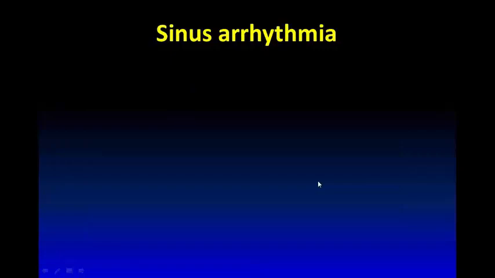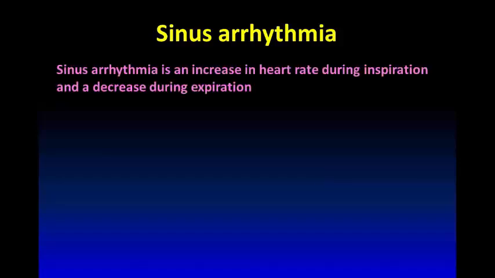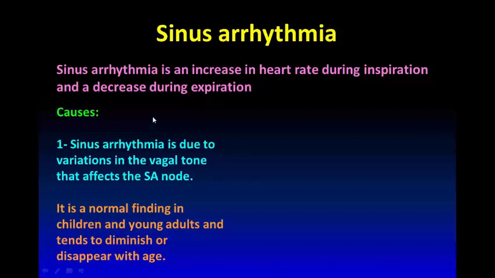Now let's describe the third arrhythmia, which results from altered activity of the pacemaker, and this is the sinus arrhythmia, which is also known as the respiratory sinus arrhythmia. Respiratory sinus arrhythmia is defined as an increase in the heart rate during inspiration and a decrease in the heart rate during expiration.